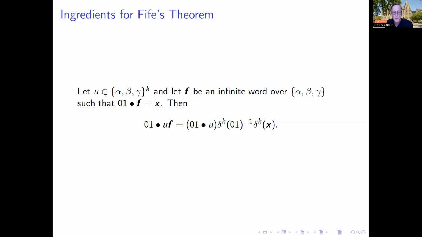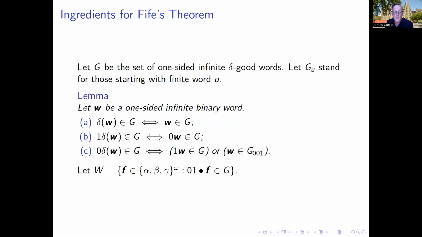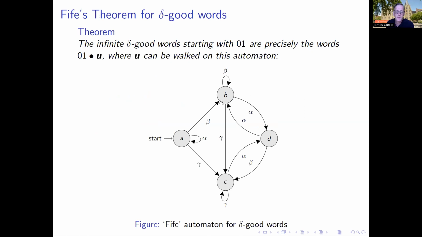So using this identity and the previous lemma, we can start to show, for example, according to this automaton, if I take gamma and I apply it to a word, I should get to the same place as if I apply gamma gamma, because there's a loop here.